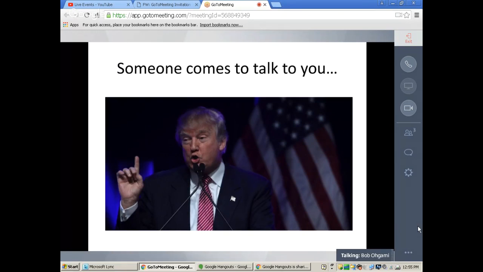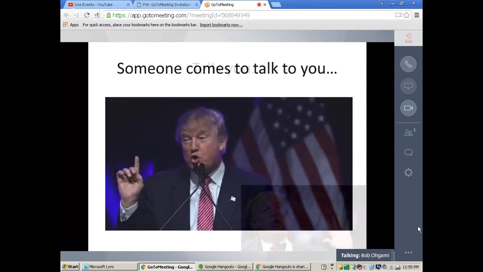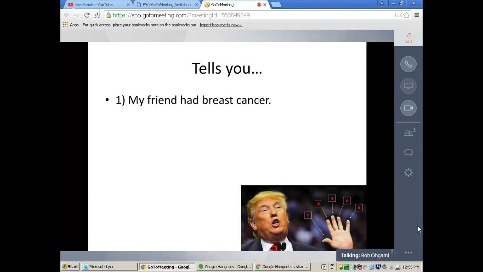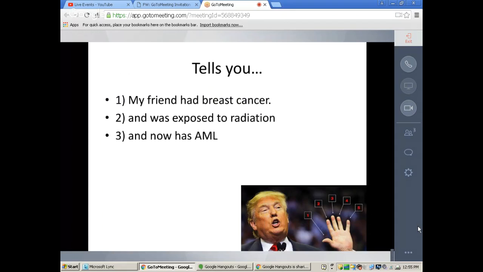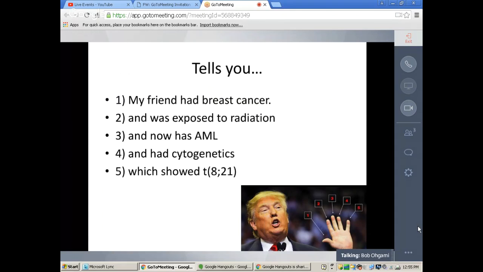So, I'll say that somebody comes to talk to you and tells you, my friend had breast cancer, so this is developing this scenario further, and was exposed to radiation, and now has AML, and had cytogenetics performed, which showed an 8;21 translocation. That typically would get you into an AML with a recurrent genetic abnormality, right?